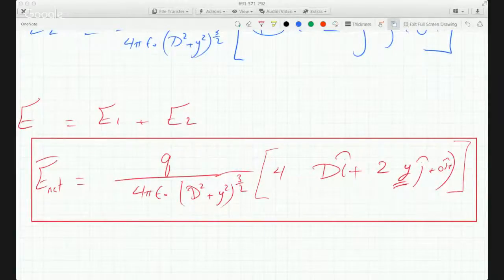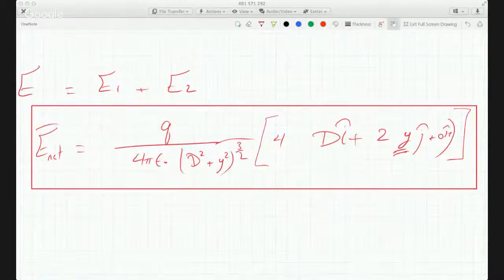Yeah, and then there's no z. And of course, you could figure out the angle will depend on the y, and you could figure out the magnitude. Just square both components, add them, take the square root. But he said just figure out the expression for the electric field. So that would be the expression of the electric field.